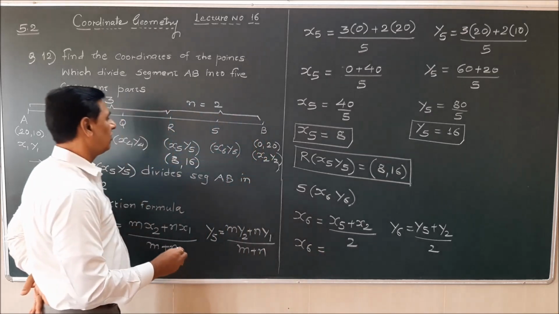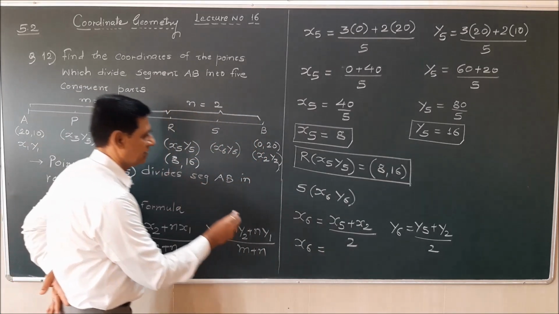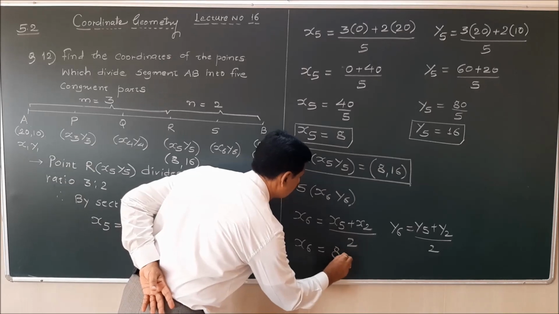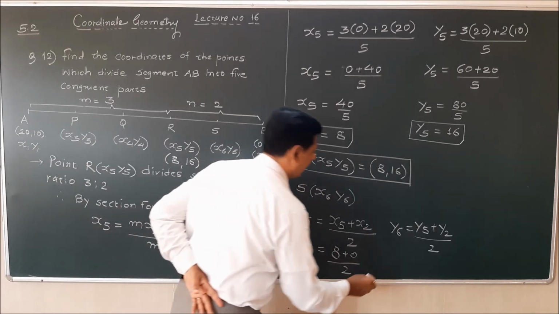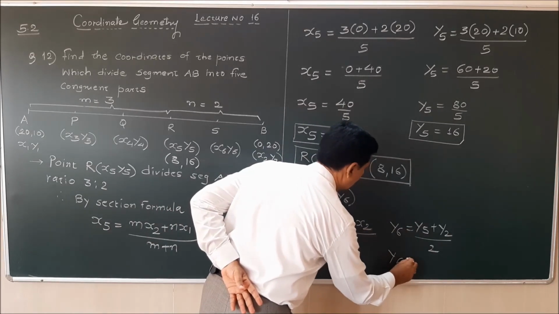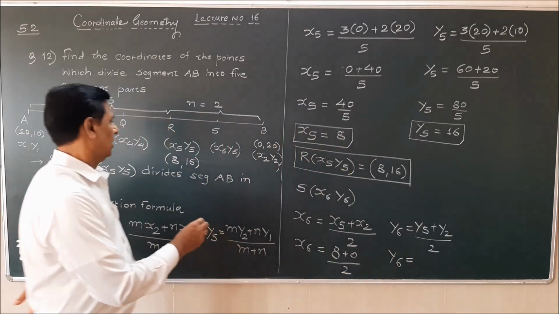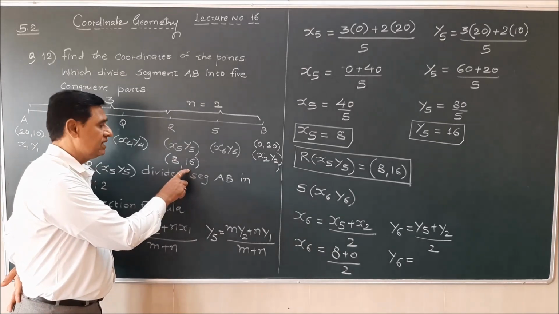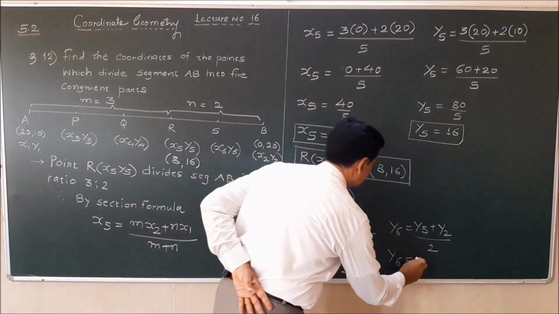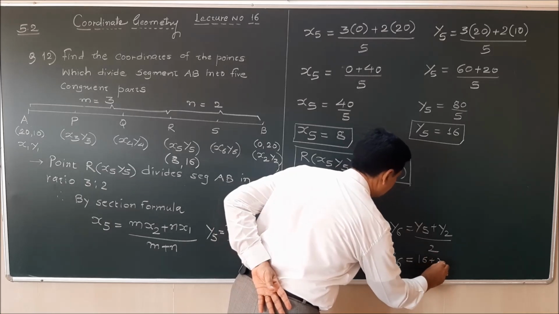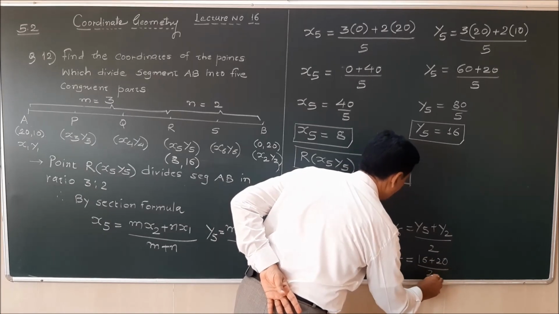Now, the value of x5 is 8. So, (8 plus 0) upon 2. y6 is equal to y5, which is 16, so (16 plus 20) upon 2.